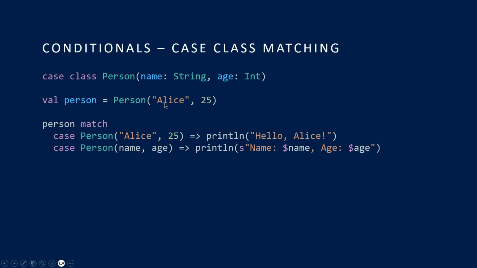But supposing here I'd got person Bob 35. It won't match this. If it matches this, then it will print out Bob 35. So here I can use it to do what's called case class matching. And you can notice up here, slightly different, I've defined a case class.